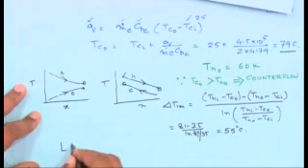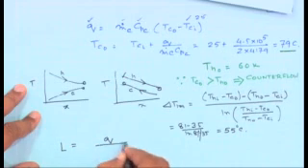So, your length is going to be Q by U A delta T Lm.